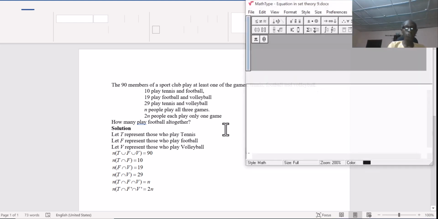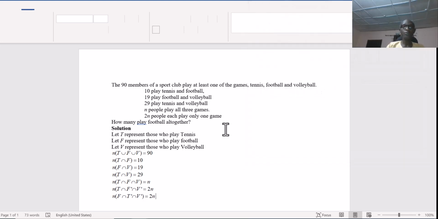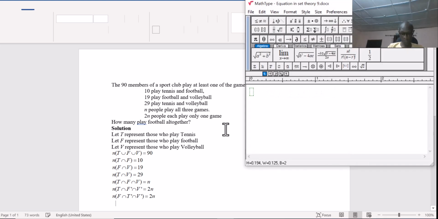So we also have those who play football only: F intersection T complement intersection V complement. They don't play tennis, they don't play volleyball. That is equal to 2N. Then we also have those who play volleyball only, who don't play tennis and don't play football, equal to 2N.